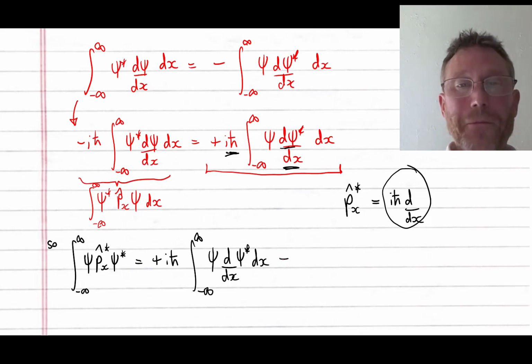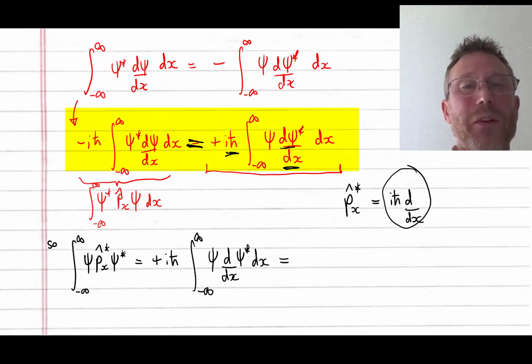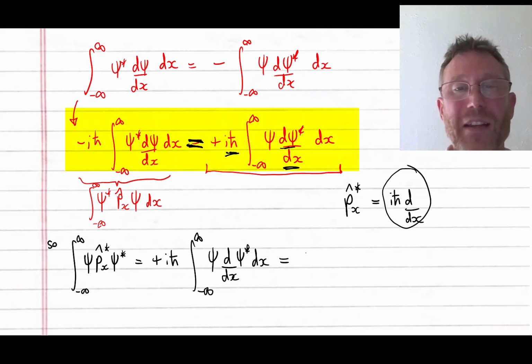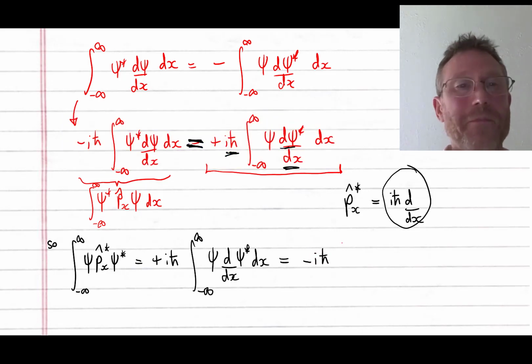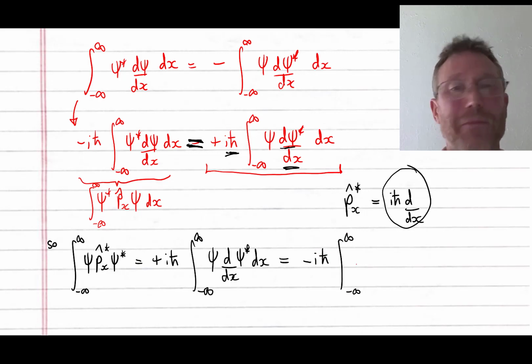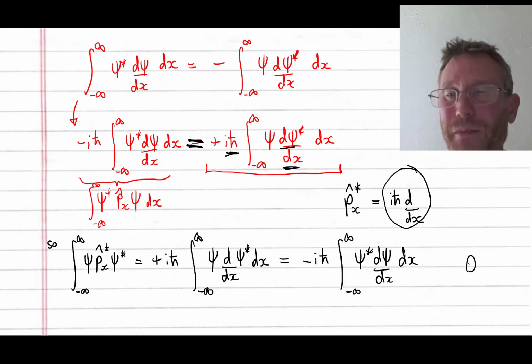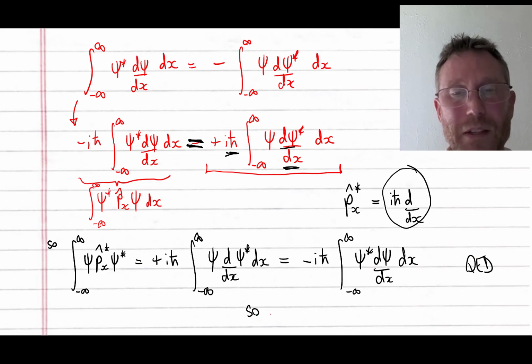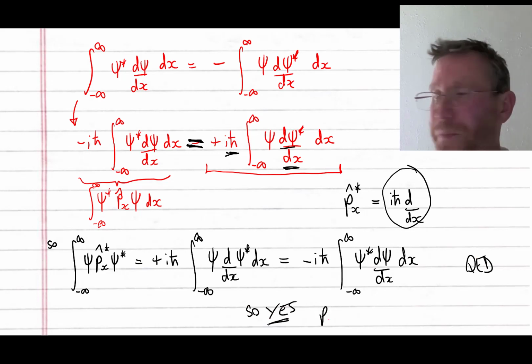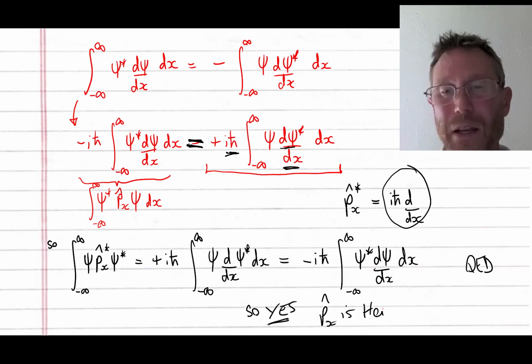And from the integration by parts piece, knowing that these two are equivalent, this we know is absolutely equal to minus i h bar, over the limits from infinity to minus infinity, psi star d psi by dx dx. And therefore QED, quod erat demonstrandum, in other words, yes, P sub x hat is Hermitian.